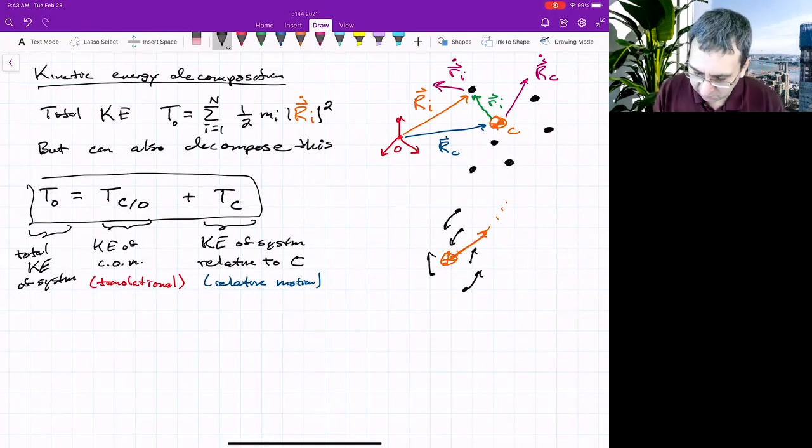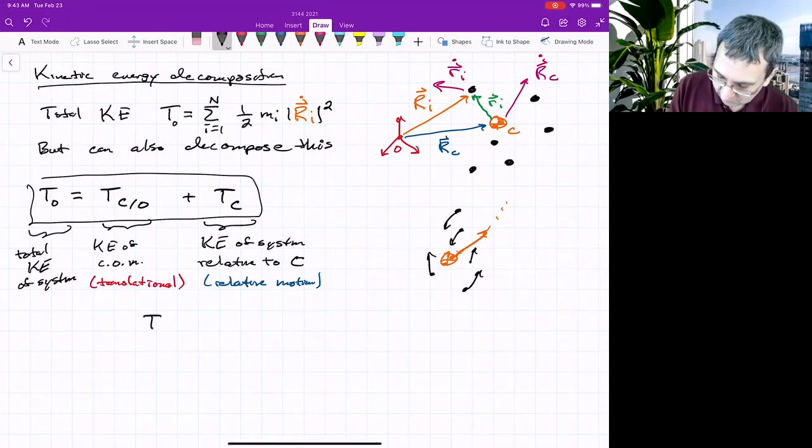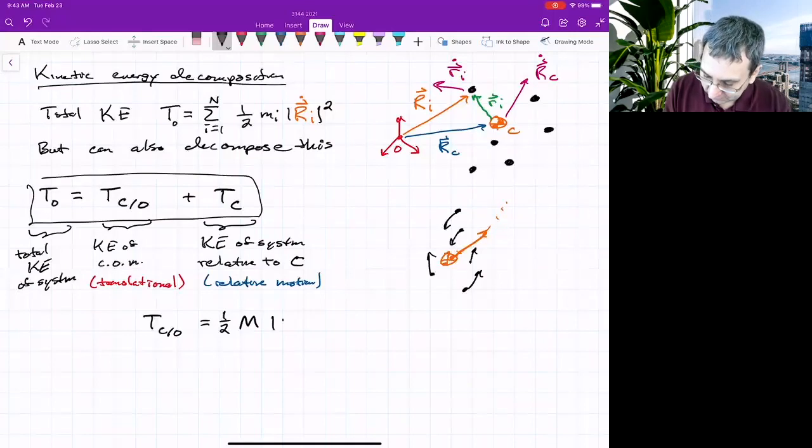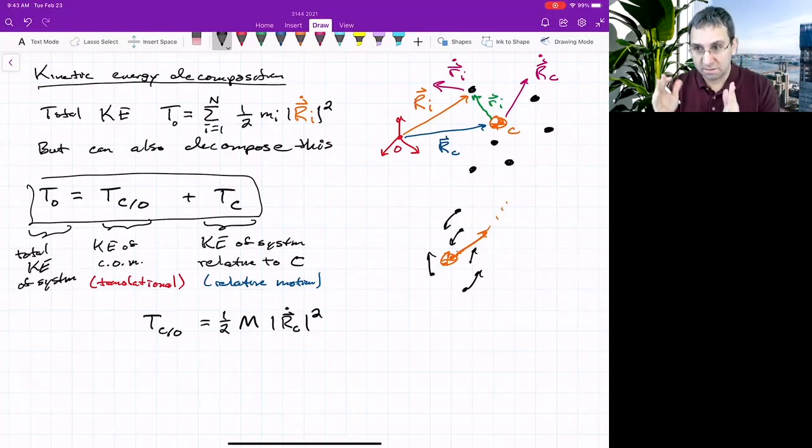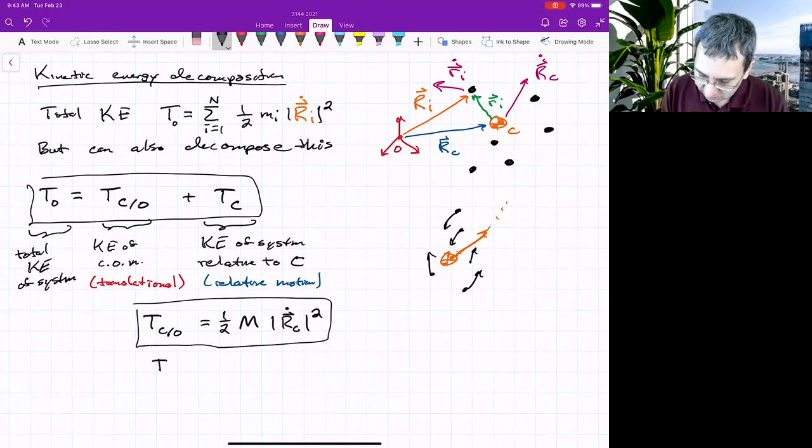And like up above, I can write formulas for each of these. So the kinetic energy of the center of mass with respect to the point O, this is 1/2 the total mass, and then the inertial velocity of the center of mass squared. So the magnitude of that vector squared. What about kinetic energy relative to the center of mass? Similar thing to up above. It's going to be a sum of each of the masses.